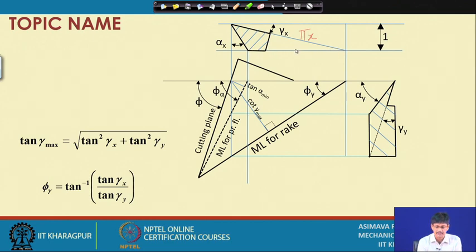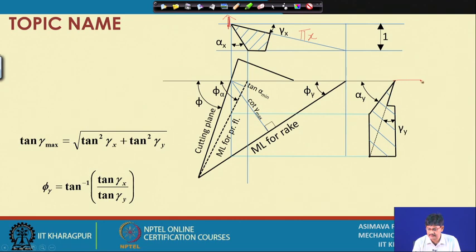I am assuming here that the velocity vector is in this direction. It has not exactly fallen there; I can draw it here.